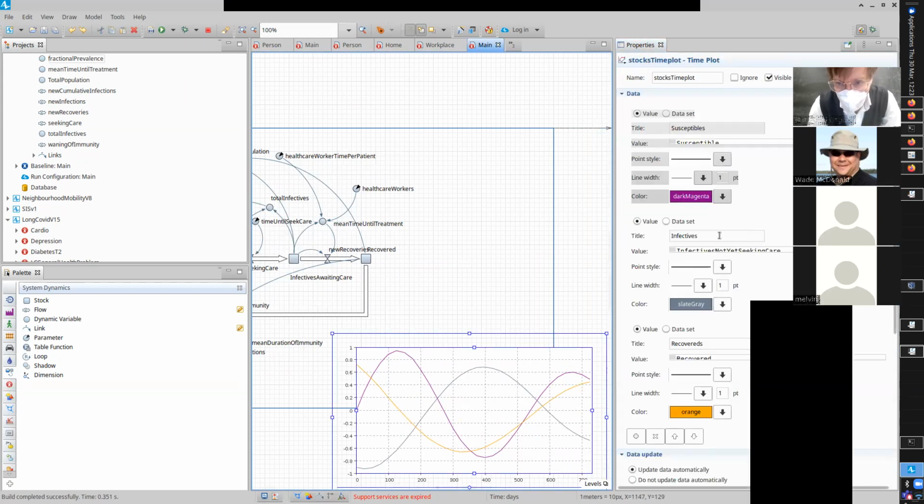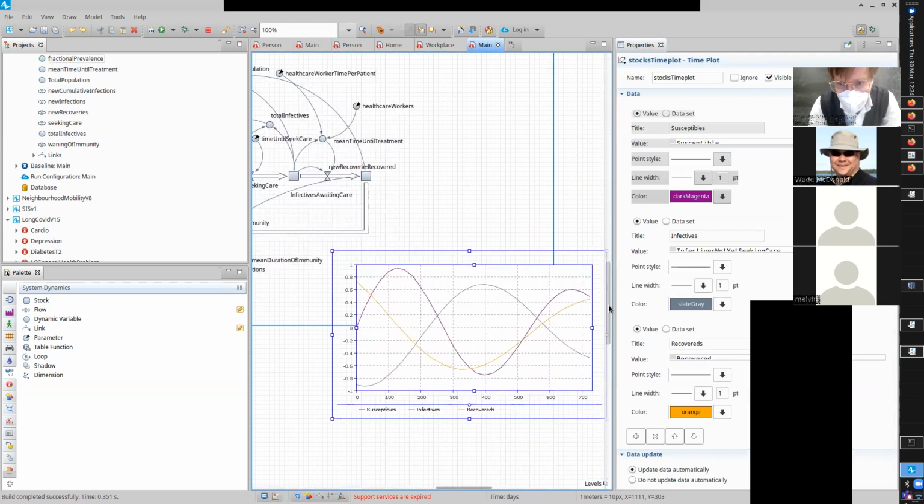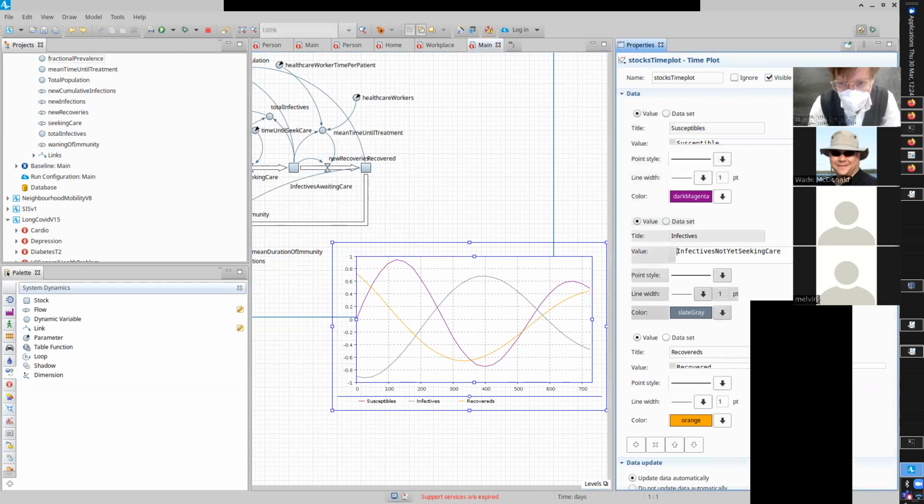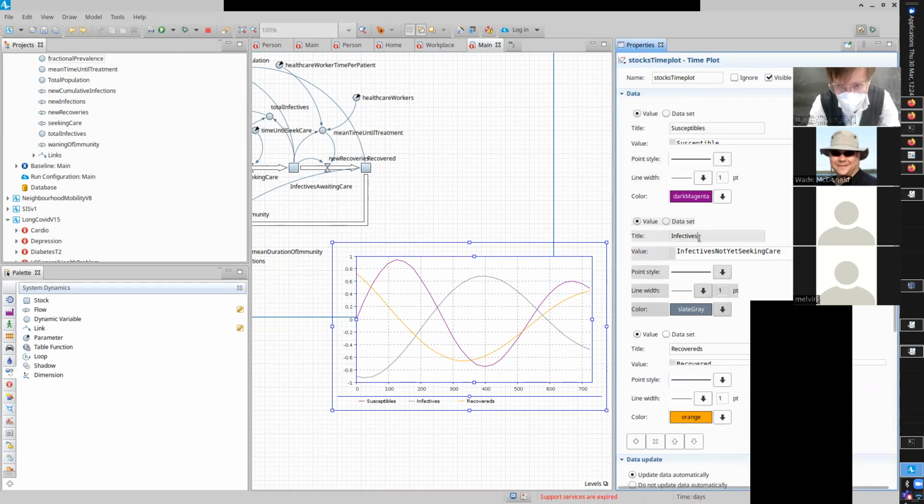Okay, and then over in this graph here, I'm going to have a total number of infectives. Right now, it just has a total number of infectives label, but I'm going to say infectives not yet seeking care.